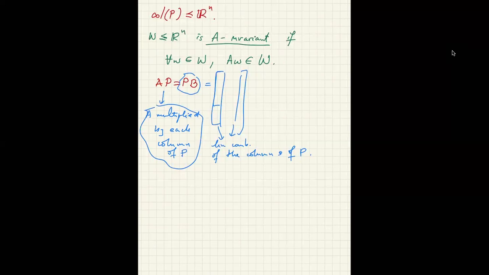Well, it looks like linear combinations of columns of P. So this implies that the column space of P is A invariant. Okay, it's actually equivalent. That's how you write that the column space of P is A invariant.